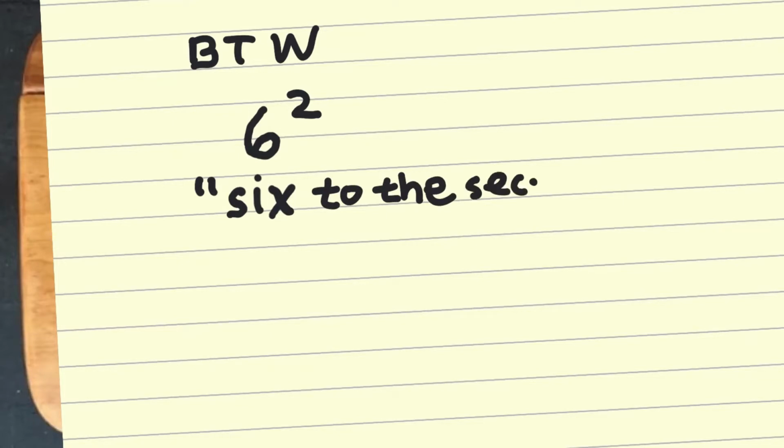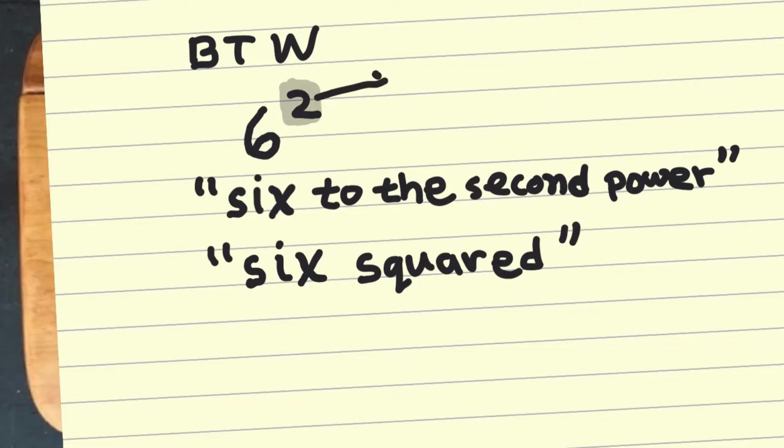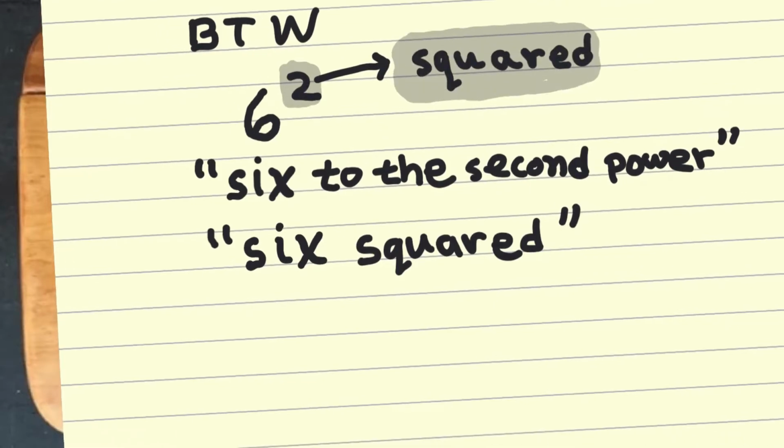By the way, if you have something like 6 to the 2nd power, you can also call this 6 squared. The 2 means that the 6 is being squared. I think of this in terms of a square existing in 2 dimensions. You have a length and you have a width, and they're the same for the square, of course.